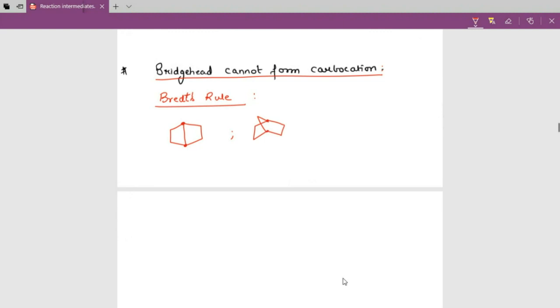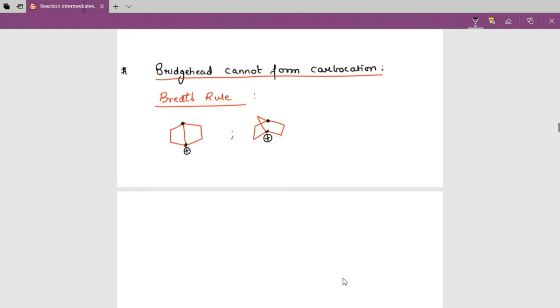These are the bridgeheads. If I place plus here, it will be unstable due to strain. If I give plus to a bridgehead position, it will become very unstable.